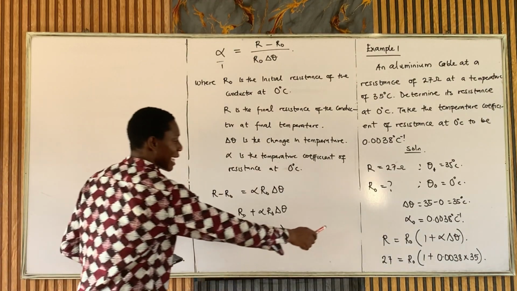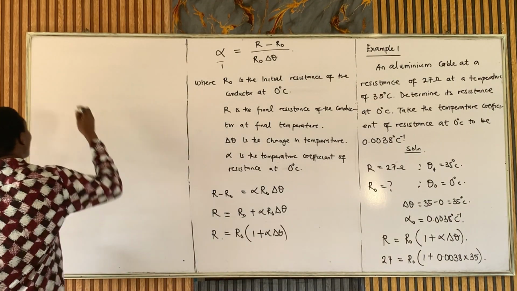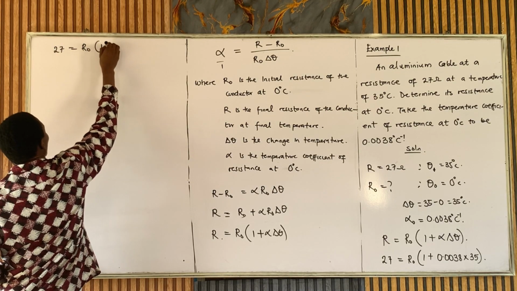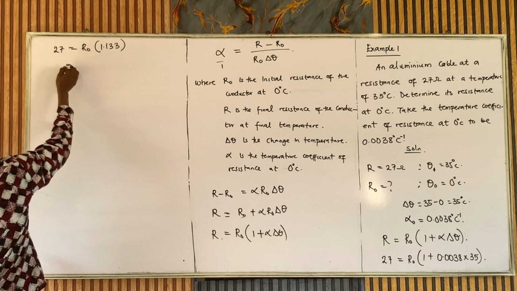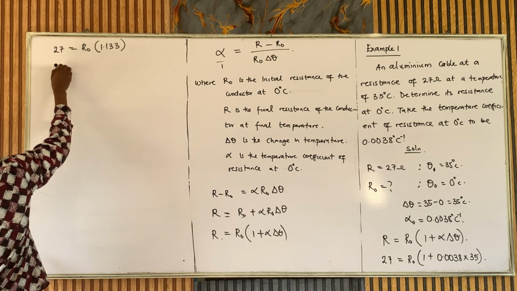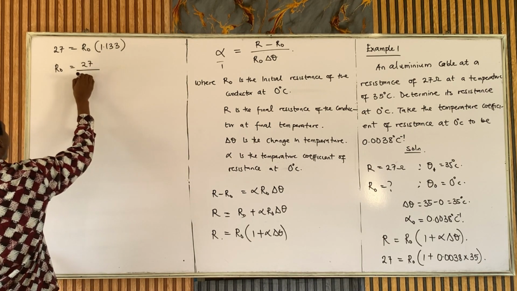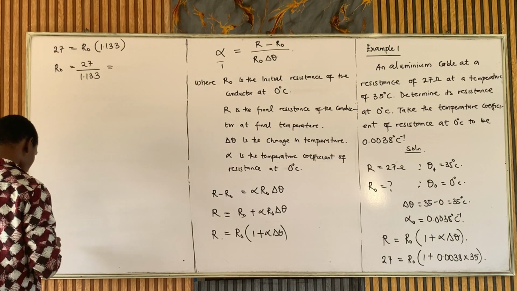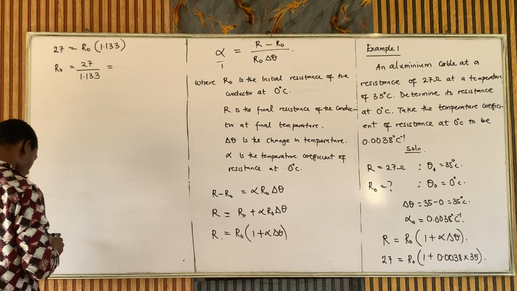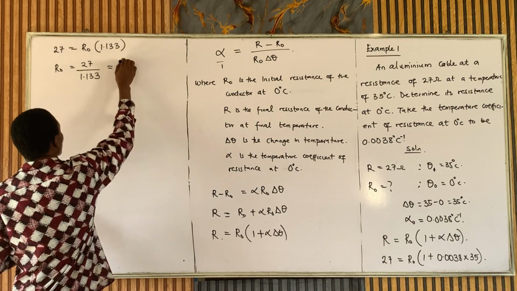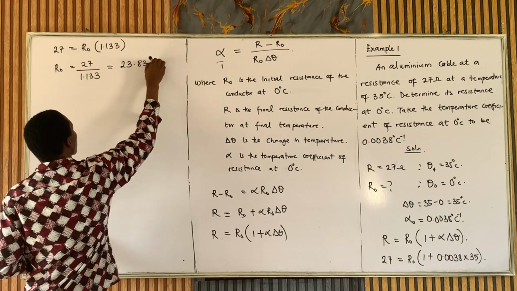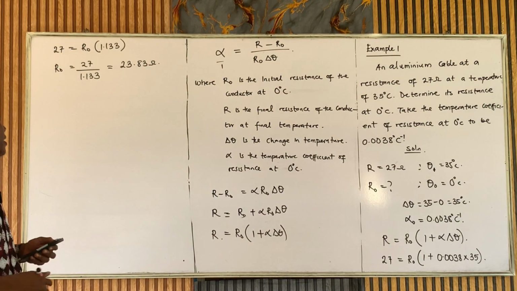If we multiply this and add 1 to it, we are going to have 27 is equal to R naught into bracket 1.133. And if we divide both sides by 1.133, we get that R naught is equal to 27 divided by 1.133. That's 23.83 ohms. That's our final answer.